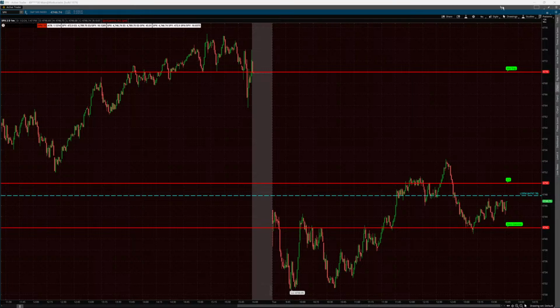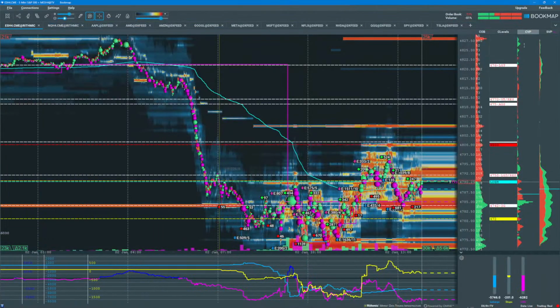All right, so that is the SPX. Let's take a look at Bookmap now. All right, so here's Bookmap. Again, the bulk of this move happened overnight.